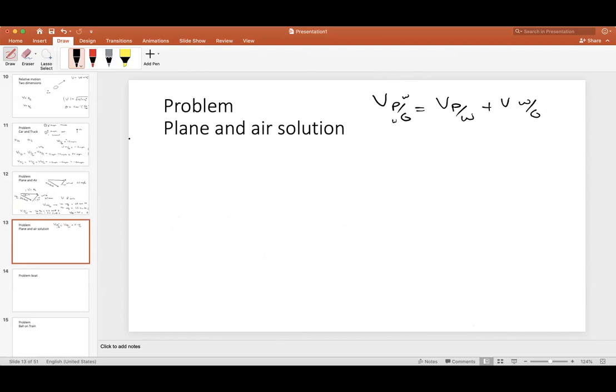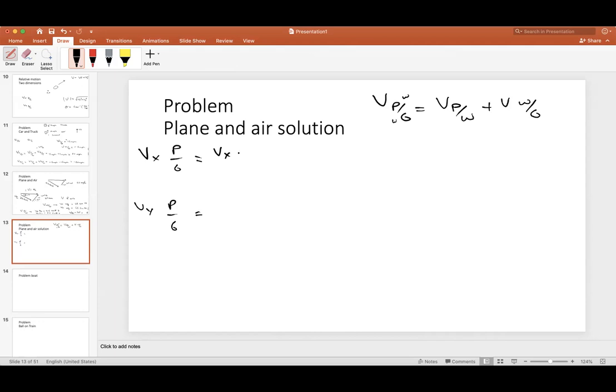But remember that we have to do X and Y. So Vx and Vy, which is P versus G and P versus G. P relative to the ground at rest.